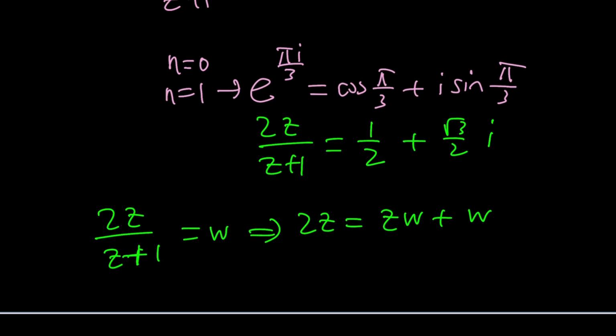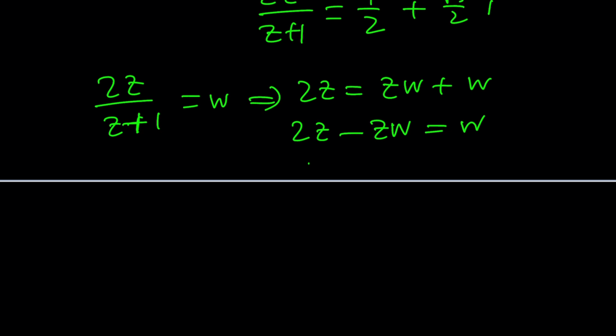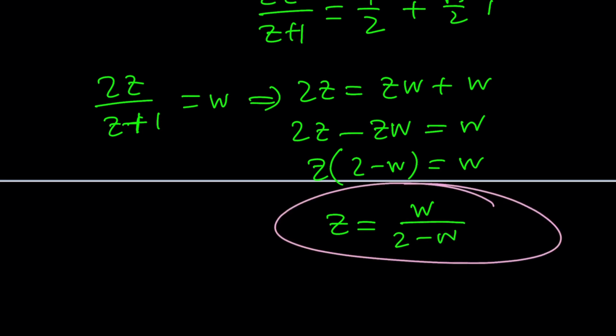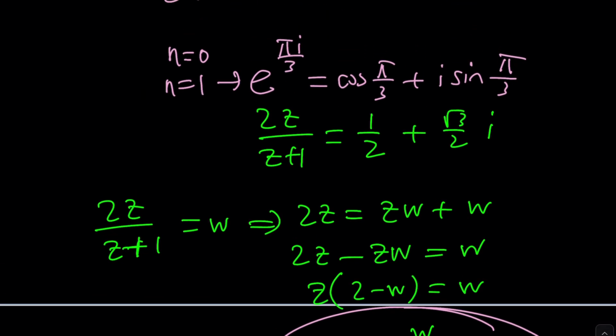Cross multiply, put the z's together. I don't know if this is the best way to do it, probably. And then factor out a z, you get z times (2 minus w) equals w. In other words, you're kind of inverting this function. If you look at it as a function, there are so many different perspectives you can use, but that's basically z in terms of w, if we set this to w.